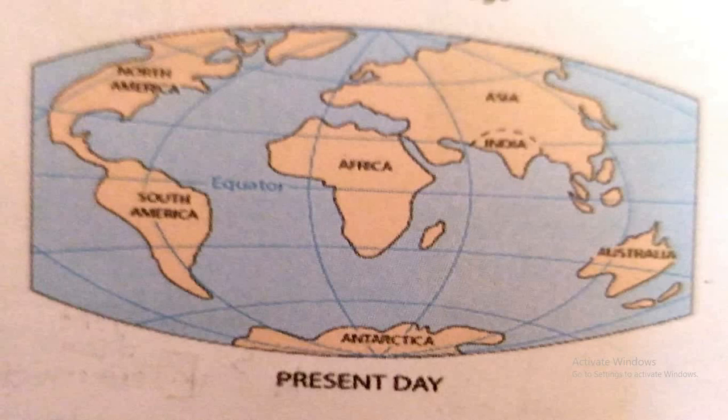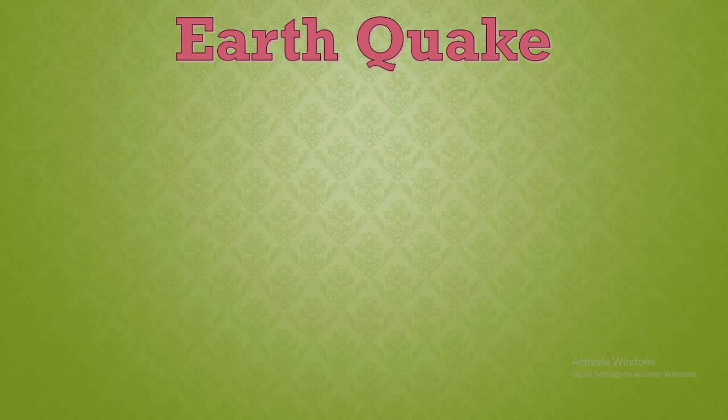Okay children? Well, keep it in your mind very clearly. Earthquake. How does an earthquake occur? Due to the movements of the tectonic plates. What do you mean by earthquake?